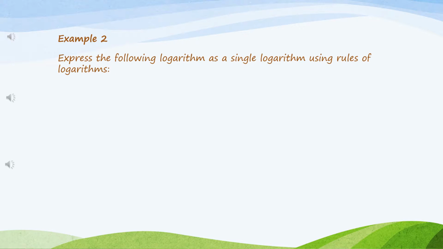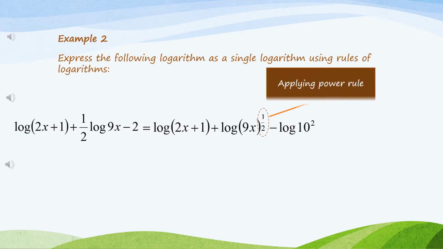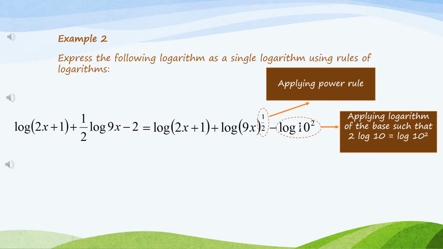Example 2. Express the following logarithm as a single logarithm using the rules of logarithms. Log of 2x plus 1 plus half times log of 9x minus 2 is equal to log of 2x plus 1 plus log of square root of 9x minus log of 10 squared, by applying the power rule and logarithm of the base, such that 2 times log of 10 equals log of 10 squared.